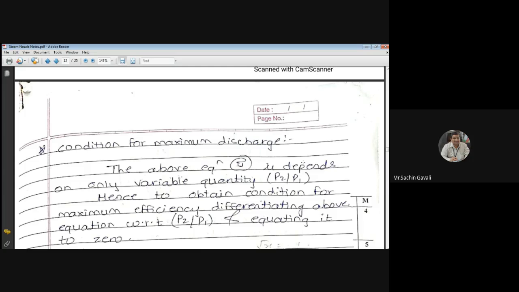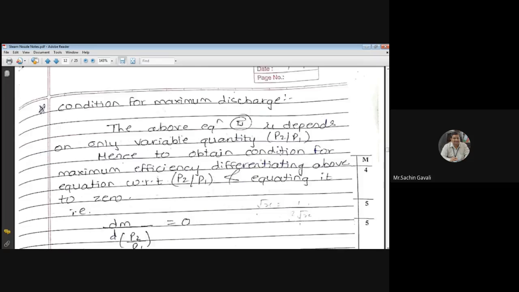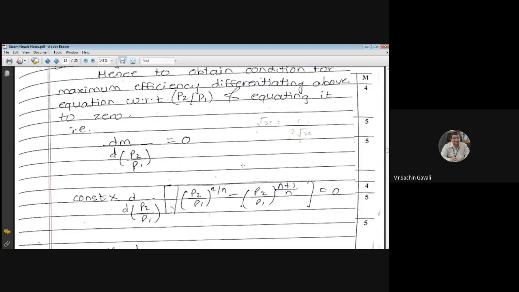Hence, to obtain the condition for maximum discharge, differentiating the above equation with respect to P2 upon P1 and equating it to 0, that is dm divided by d of P2 by P1 is equal to 0.